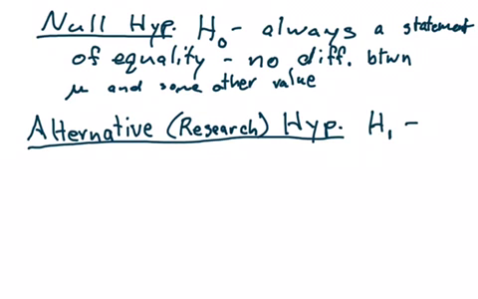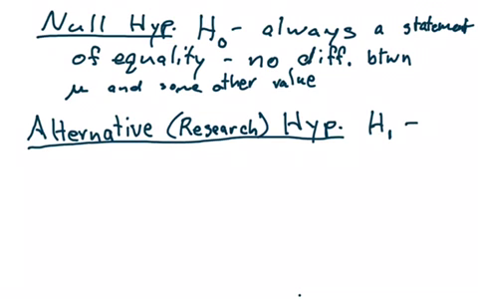The null hypothesis is saying that there's no difference, and so the alternative, or the research hypothesis, would be saying that there is some significant statistical difference between our parameter and whatever other value we were considering in the null hypothesis. So the alternative hypothesis is saying that there is some difference.